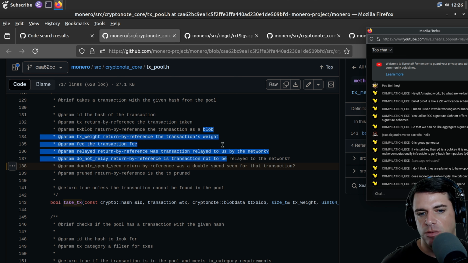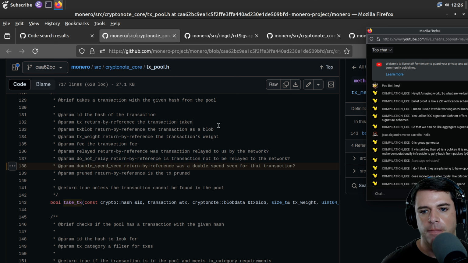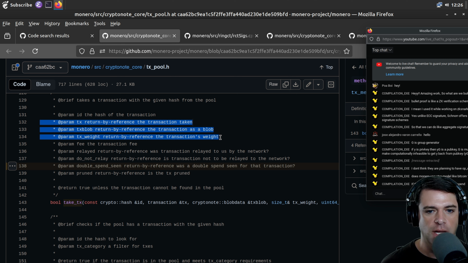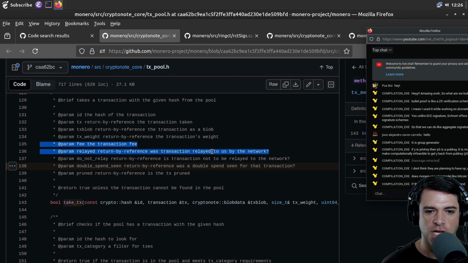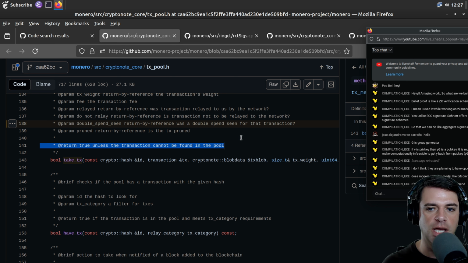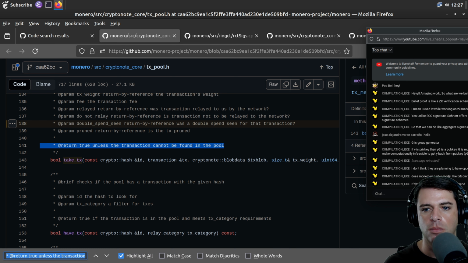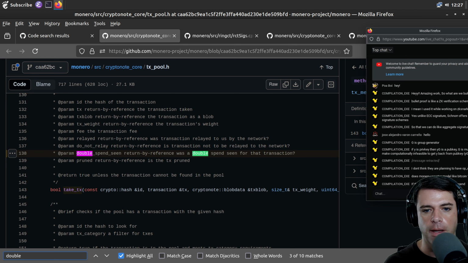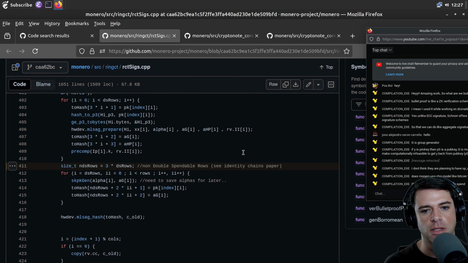And I guess the rest are maybe returned, or at least a few of them are. We're also going to get the transaction as a blob, and the transaction's weight, the transaction fee, and some other stuff. It returns true unless the transaction cannot be found in the pool. And then there's something about whether we saw a double spend.